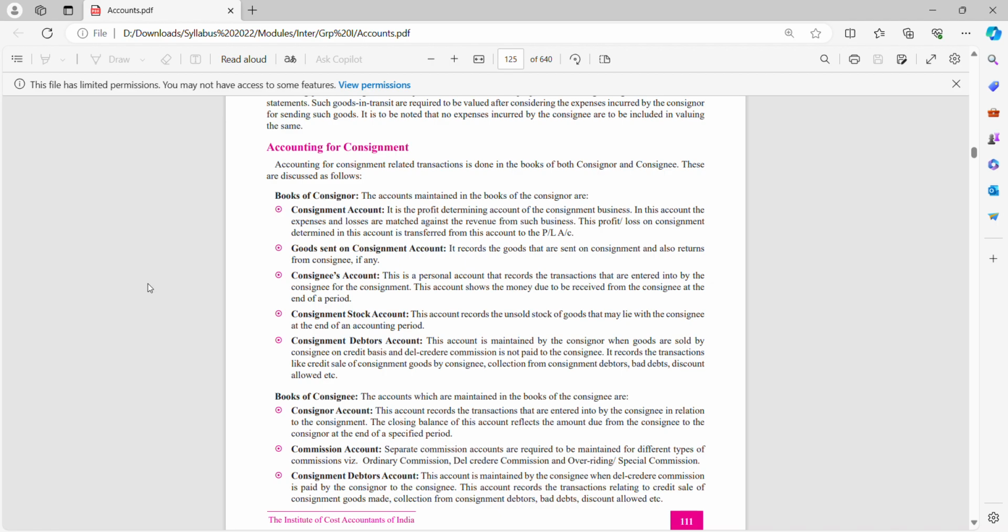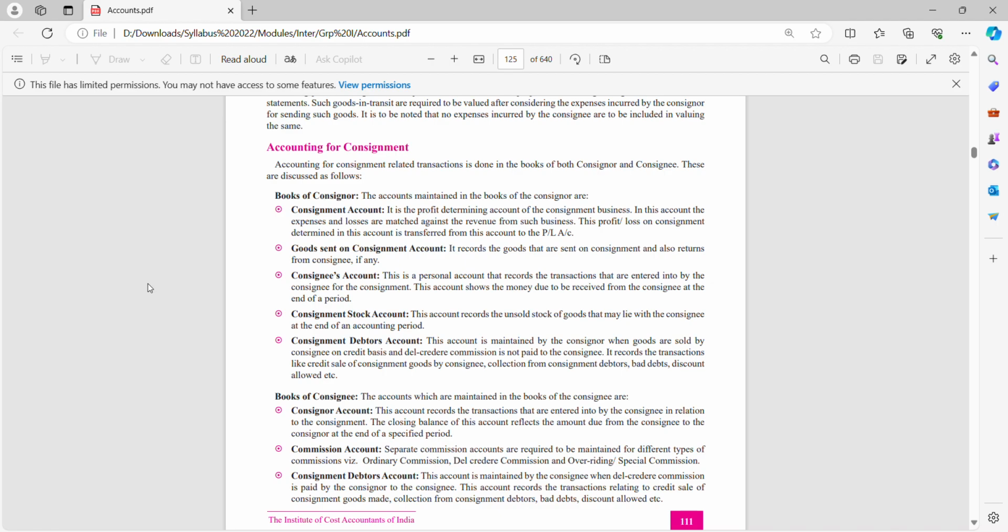Goods sent on consignment account records goods that are sent on consignment and also returns from consignee, if any. Consignee's account is a personal account that records the transactions entered into by the consignee for the consignment. This account shows money due to be received from the consignee at the end of the period.